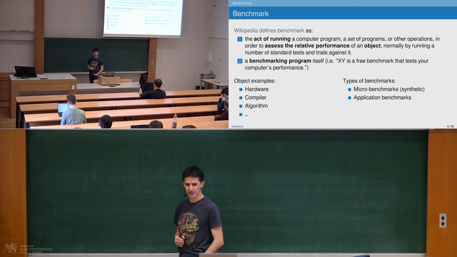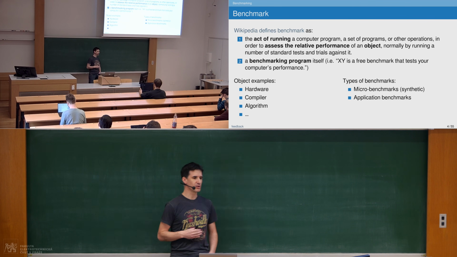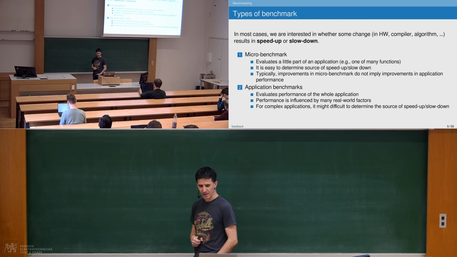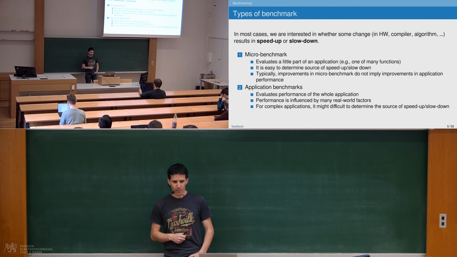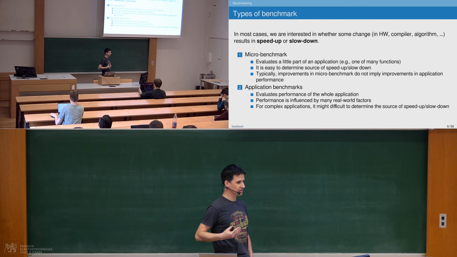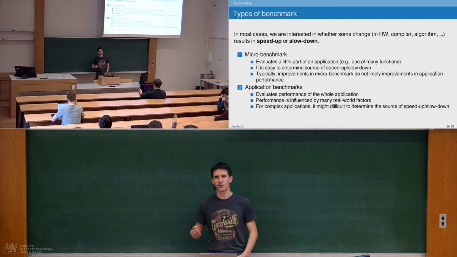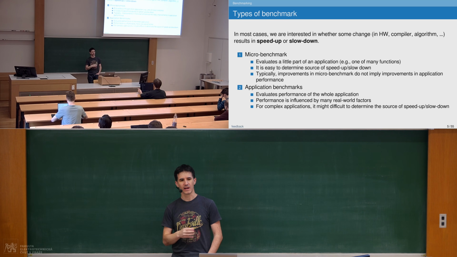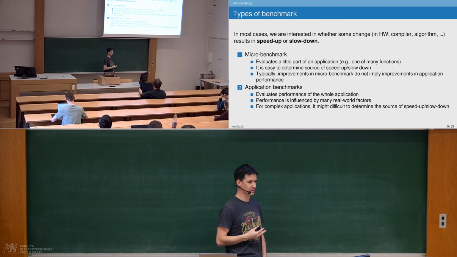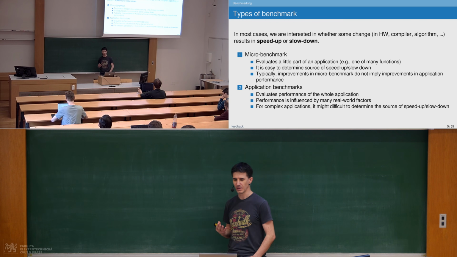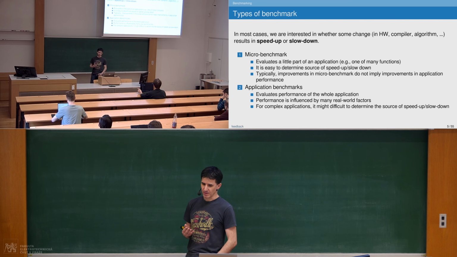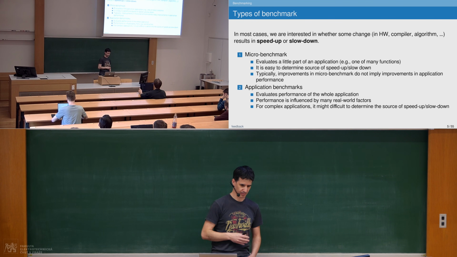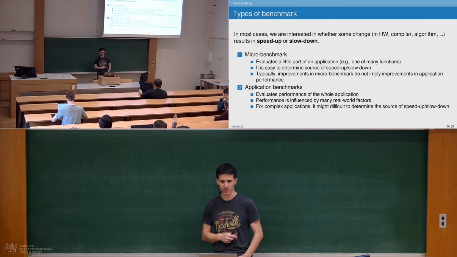Whenever we are benchmarking something, it's important to distinguish two basic types of benchmarks, micro benchmarks and application benchmarks. When you want to make something faster, it's usually easier to start with micro benchmarking. So you take one simple function in your program, a really small piece of code, and you measure these improvements in this small piece of code. This is quite easy because the thing you are measuring is small, easily handled by benchmarking tools and whatever.